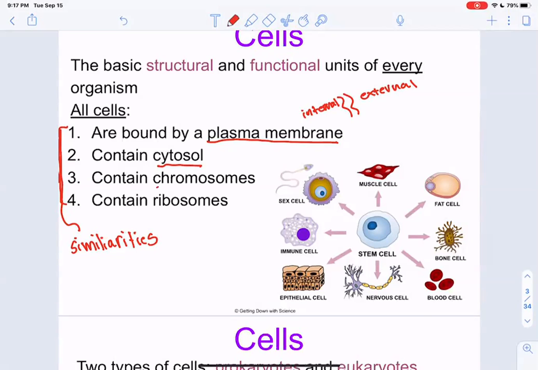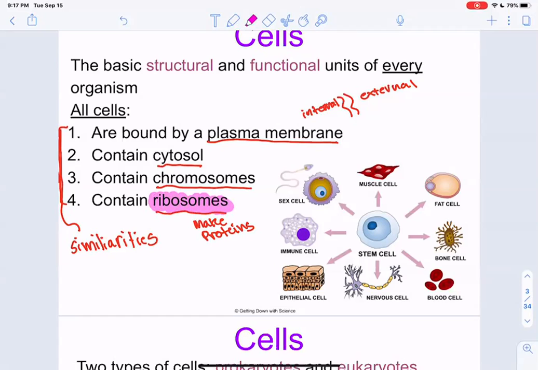All cells are going to have chromosomes, which contain the genetic material to make new cells. And they're also going to have ribosomes, which are important for making proteins. These make proteins. The sooner you have this vocab word memorized, the better it's going to help you in this class.